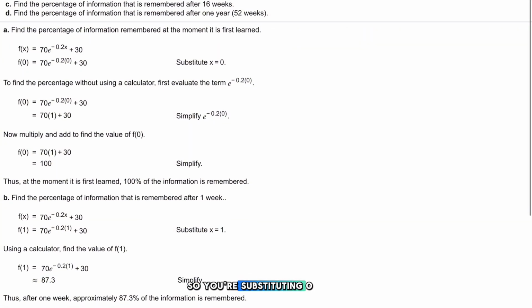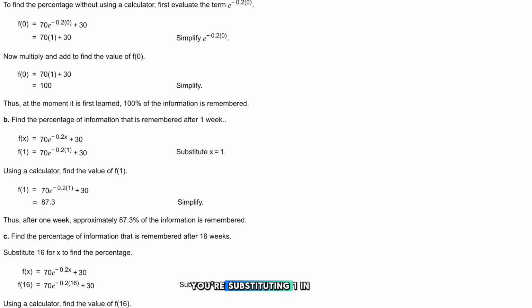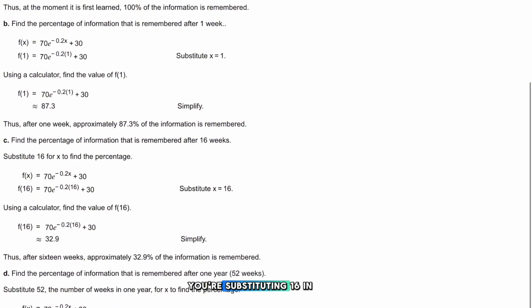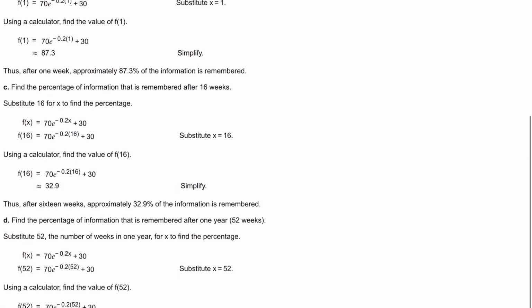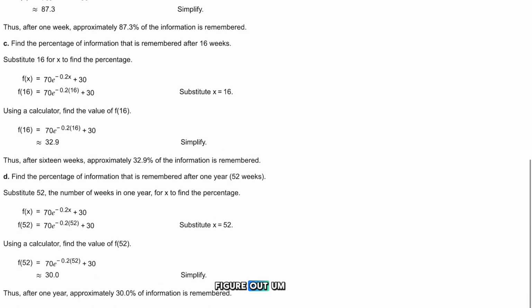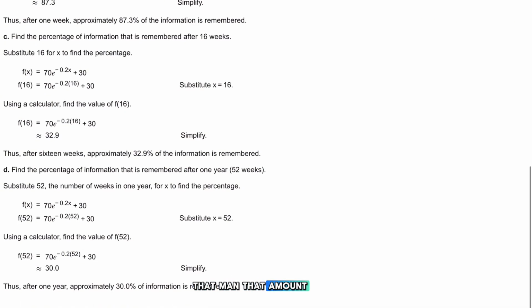So you're substituting 0 in for part A. You're substituting 1 in after 1 week for part B. You're substituting 16 in for x in part C. And then it says after 1 year, there's 52 weeks. So you just substitute 52 in. And then you just use the calculator to figure out what you get after that amount of time.